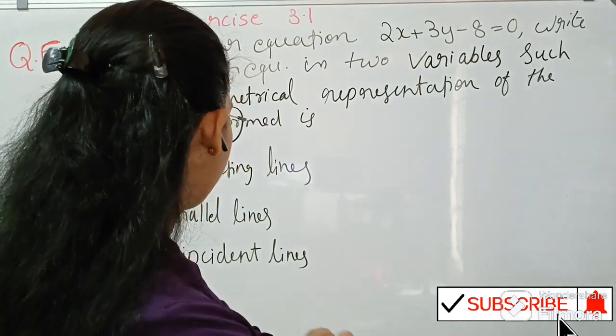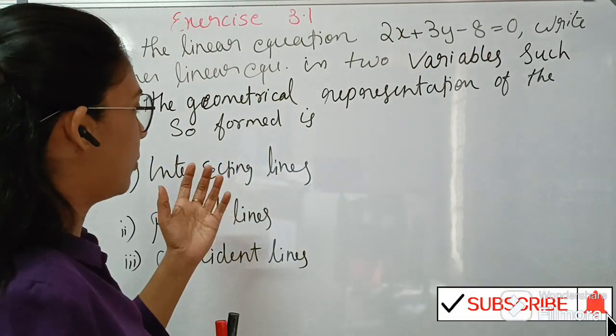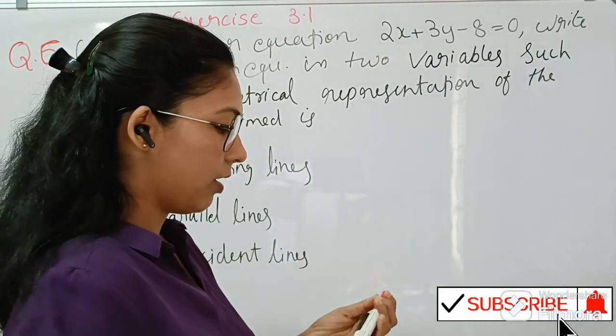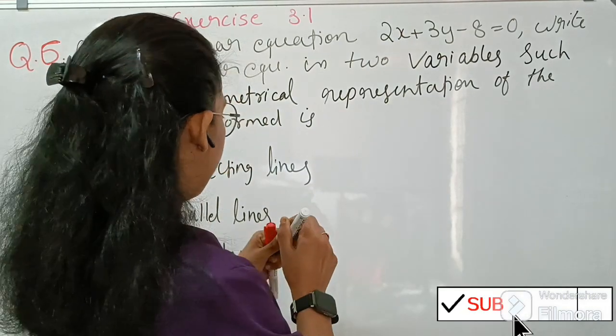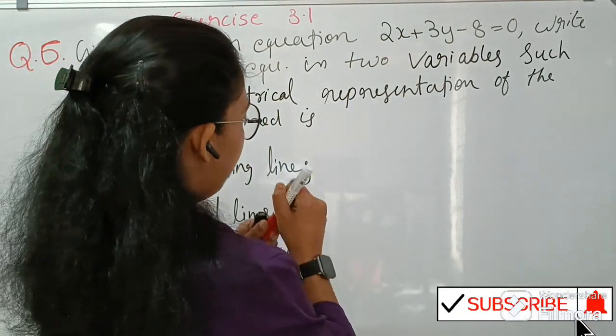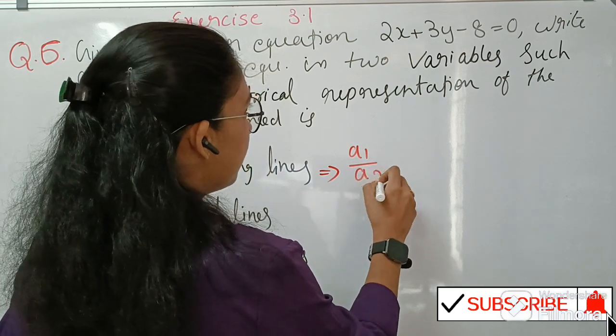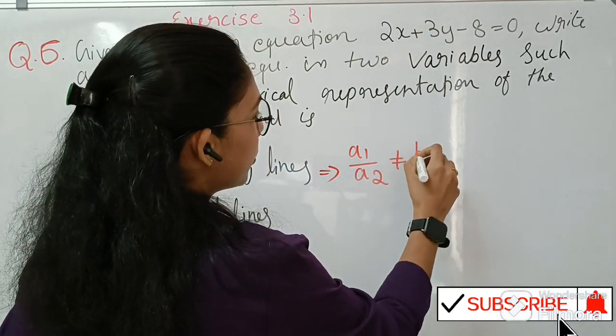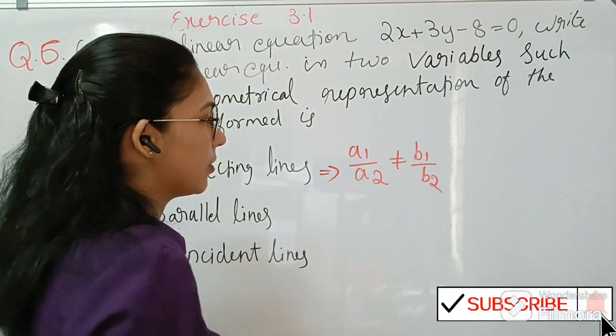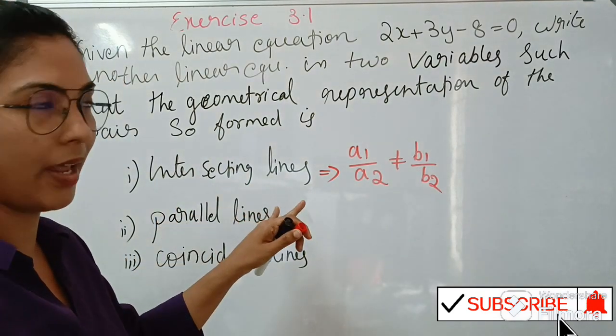Now, what are the conditions? For intersecting lines, the relationship is a1 by a2 not equal to b1 by b2. This is the condition for intersecting lines.